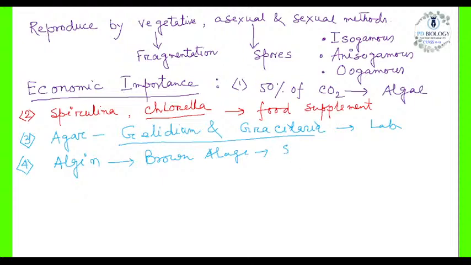Algin is used in shaving creams, in ice cream. Another important use of algae is carrageenan.